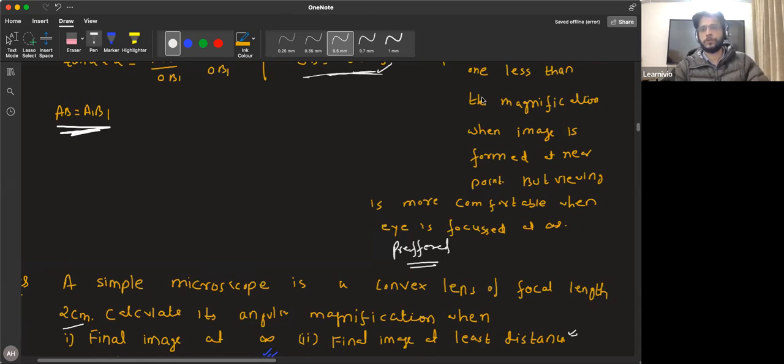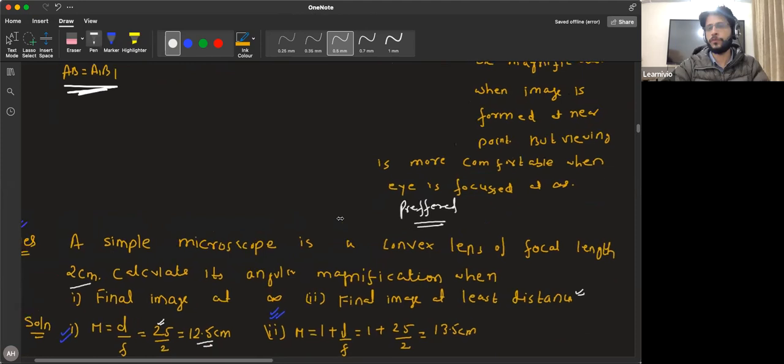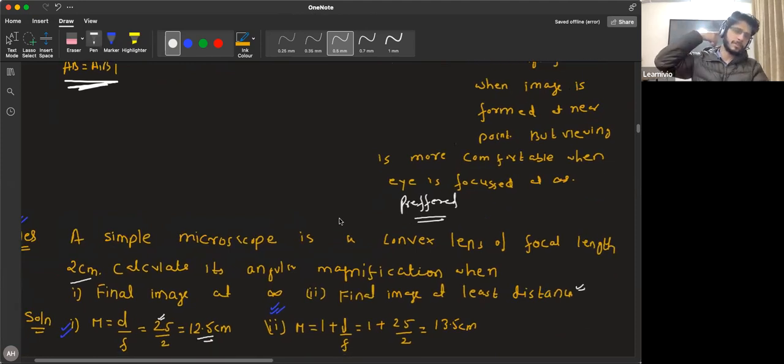Yes, it's correct. See the formula based thing. For final image at infinity, it's just D by F. When your final image is at least distance, it's 1 plus D by F.